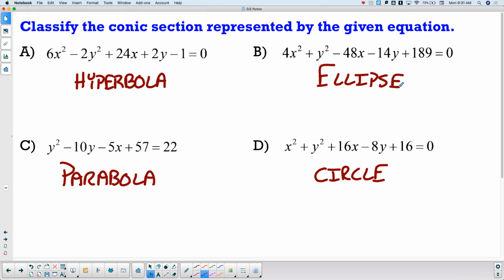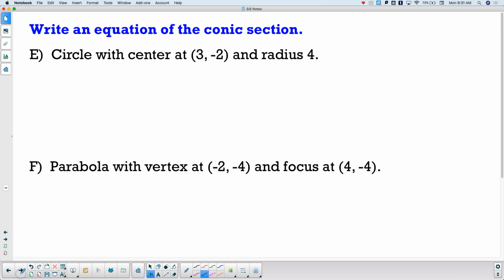Today, what I want to focus on is writing equations. We're going to write equations of all the different kinds based off of certain conditions.